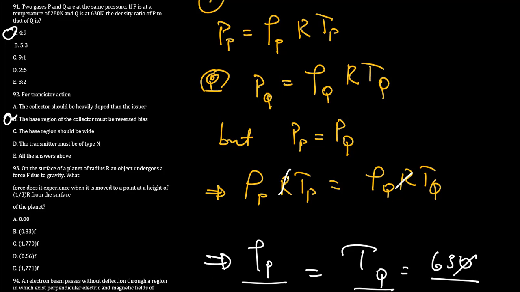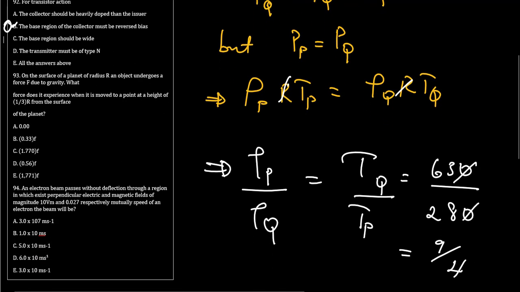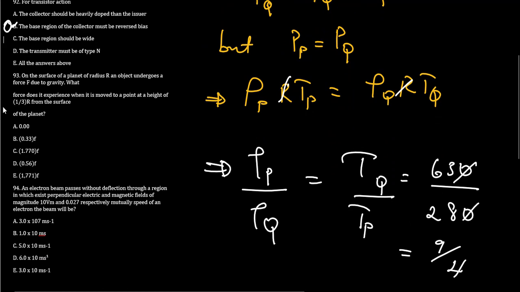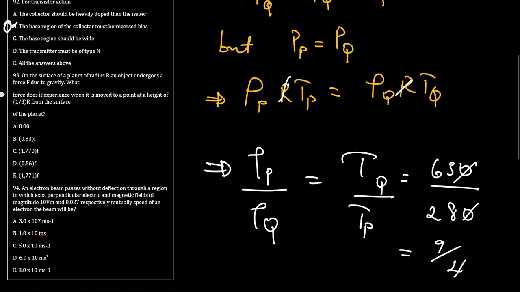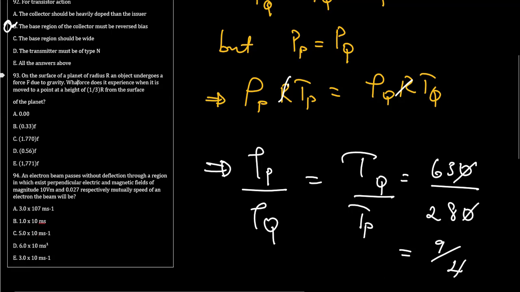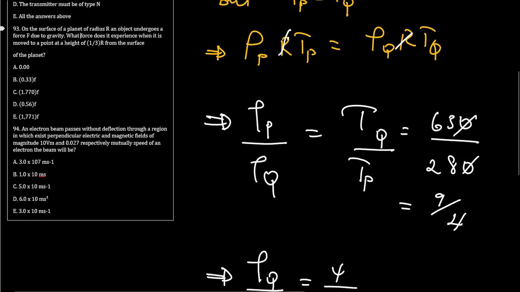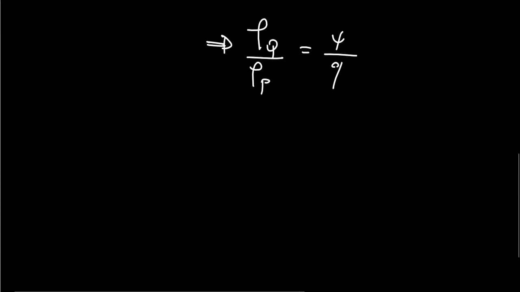Question number 93. It reads, on the surface of a planet of radius r, an object undergoes a force F due to gravity. Now the question is, what force does it experience when it is moved to a point at a height of 1/3 r from the surface of the Earth?